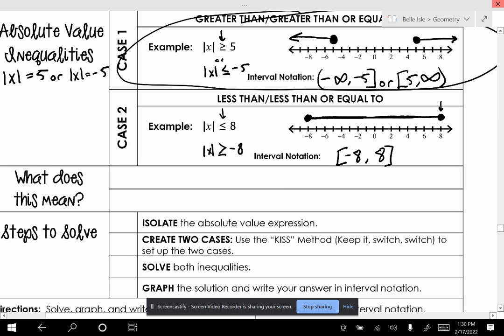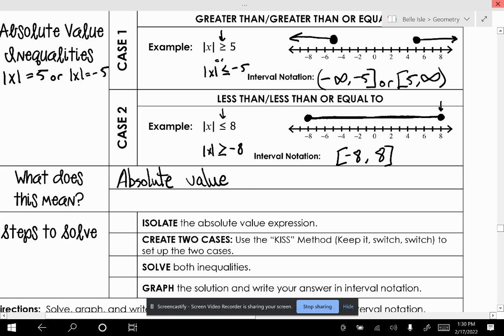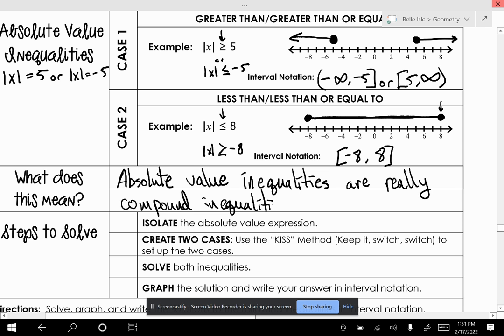Okay, this means that absolute value inequalities are, I would say essentially, really compound inequalities, which we worked on last class.